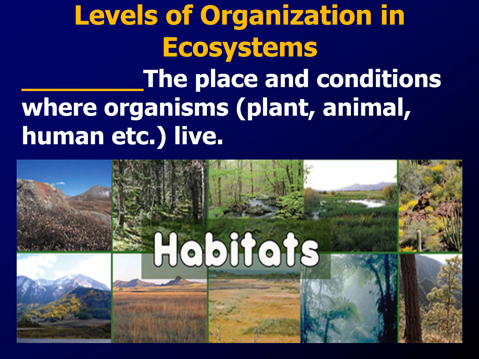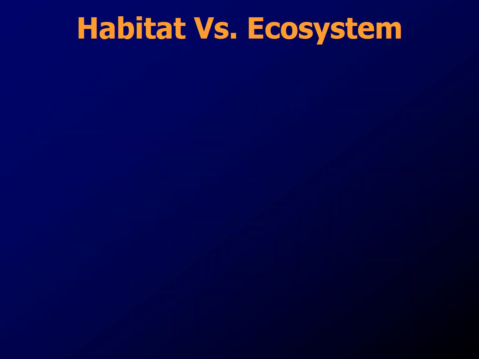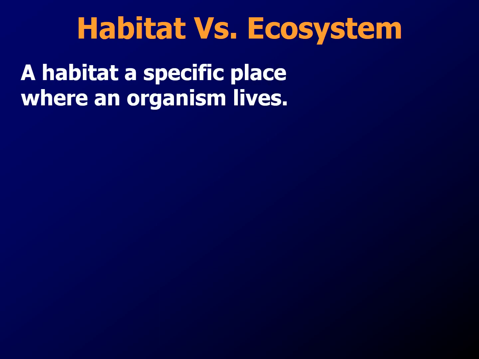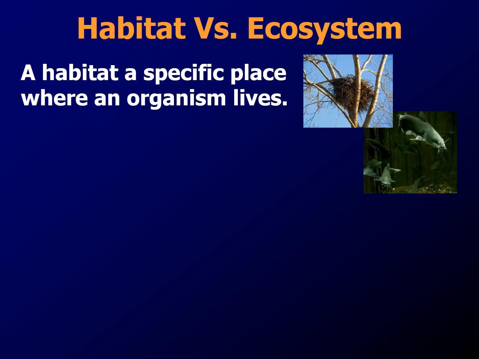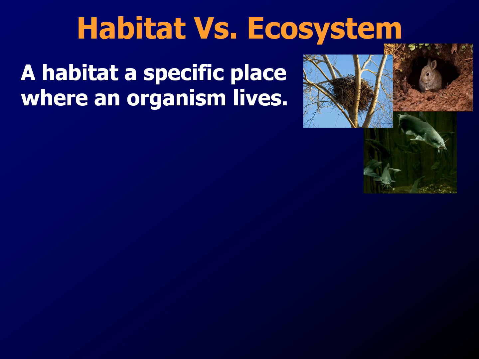A specific place and conditions where an organism lives is considered its habitat. Sometimes the difference between a habitat and an ecosystem can be a little confusing. A habitat is a very specific place where an organism lives, be it in a tree, in the water, or in or on the ground.